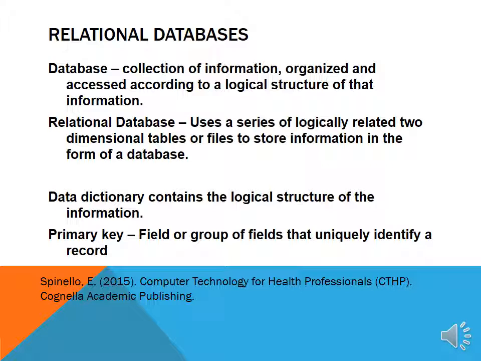There's a primary key, and this key is the field or group of fields that uniquely identify a record. In some cases, like in student information systems, you might have a student ID number that each student is given, so that's unique to each student.